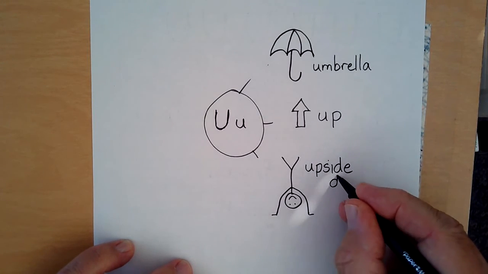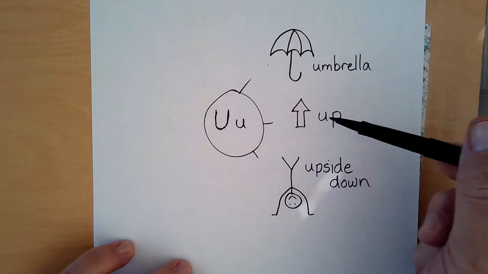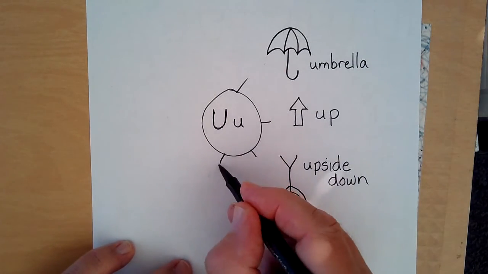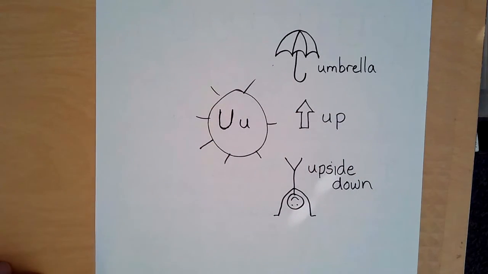Upside down. Okay, umbrella, upside down. I know that you can think of your own, and you could also write those sentences if you want to write them. You are doing a great job. Let's take on that day.